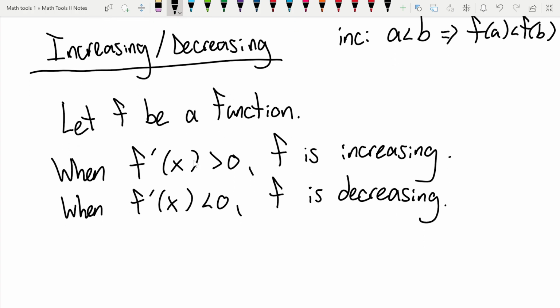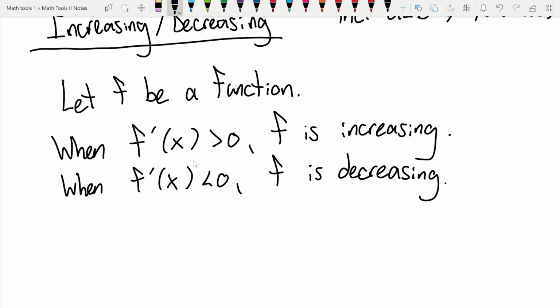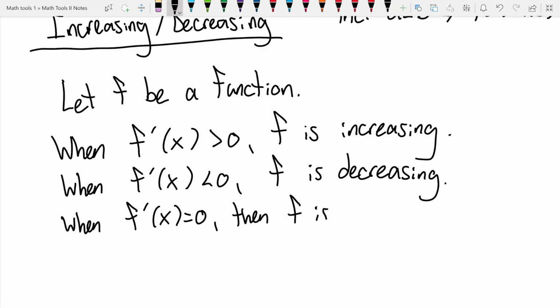So these are the two situations we can have with the first derivative, and of course if the first derivative is equal to 0, then f is constant. Okay. So we've kind of already seen this idea when we've talked about the derivative of a constant function being 0, right?